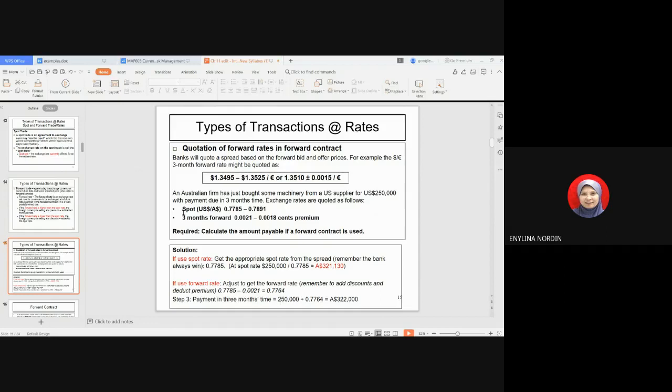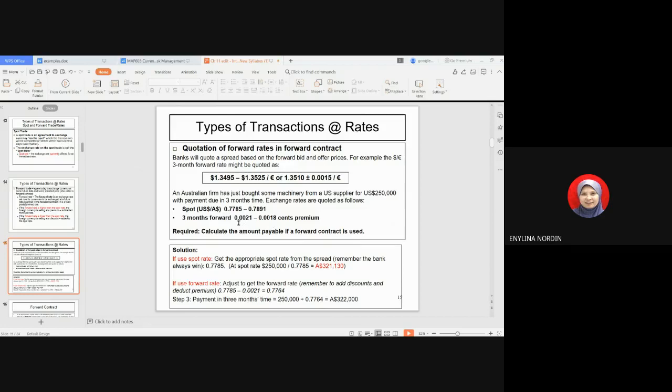Okay, if this Australian firm enters into the forward contract, let's say the Australian firm uses this forward rate, the 3 months forward exchange rate against the Aussie dollar.